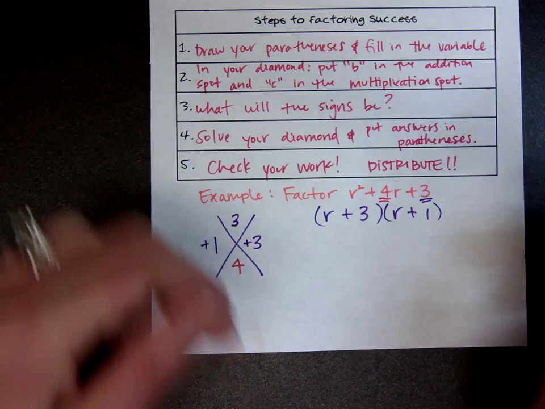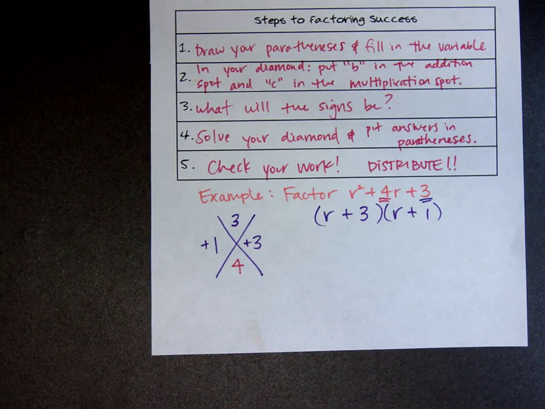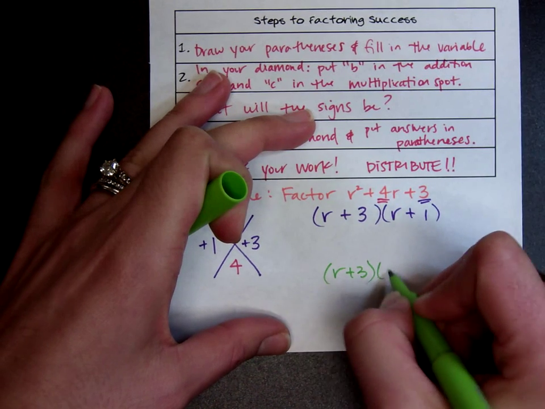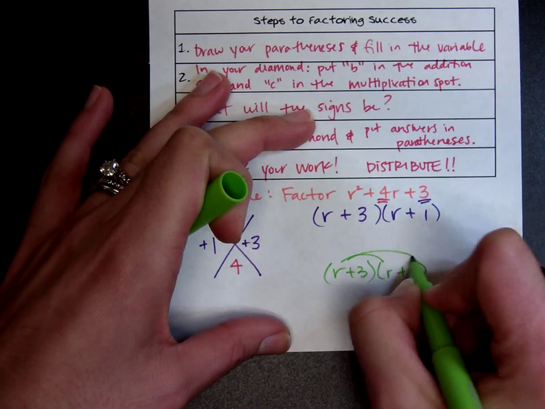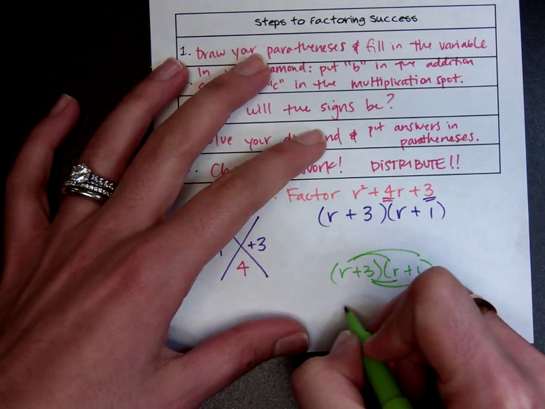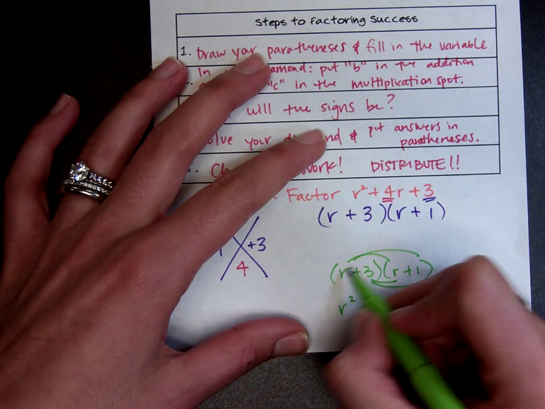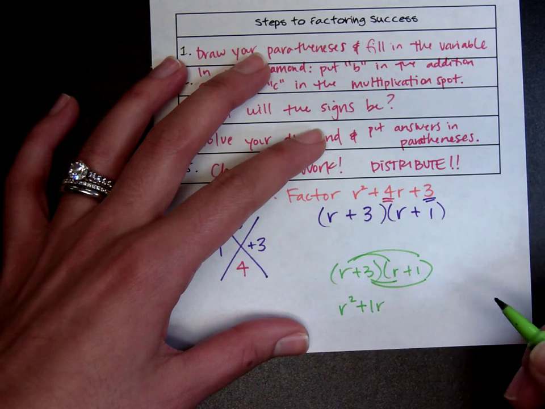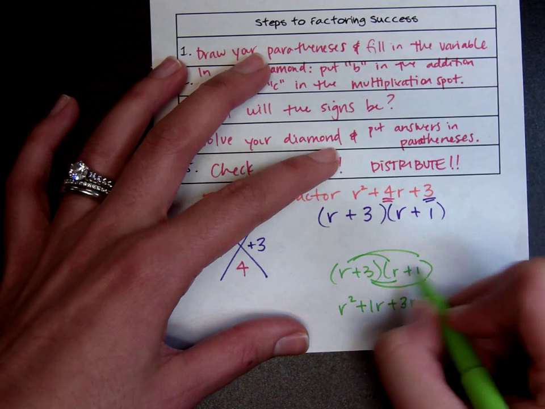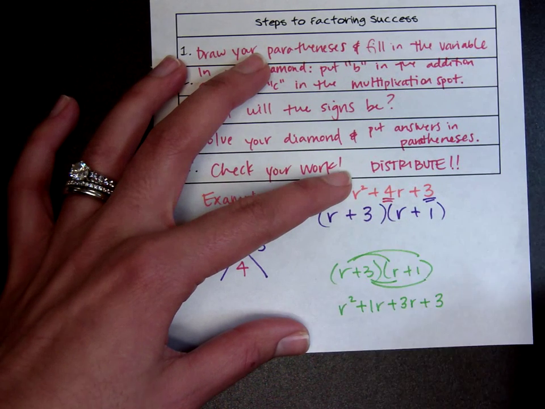Okay, so if I think I'm done, I'm going to take those and I'm going to check my work by doing distribution. So r times r is r squared. R times 1, 1r. 3 times r, 3r. And 3 times 1 is 3.